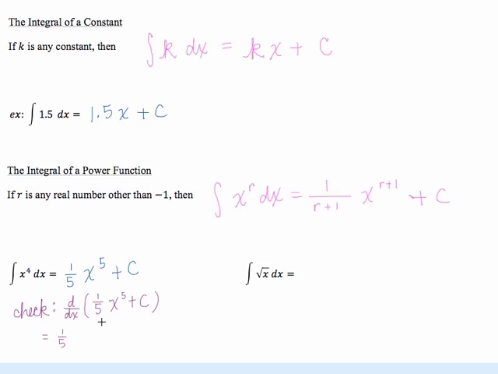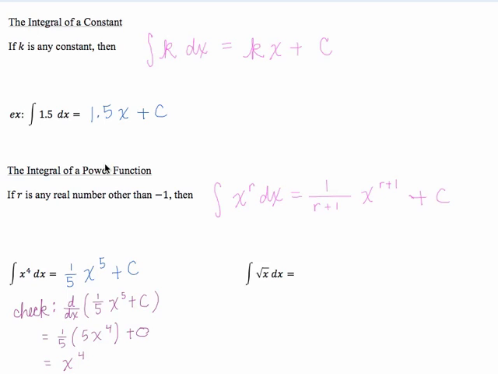The 1/5 hangs out front, and the derivative of x to the 5th is 5x to the 4th. And the derivative of a constant is 0. So the 1/5 and the 5 do cancel, and we do get x to the 4th, which is the integrand. So that looks correct.